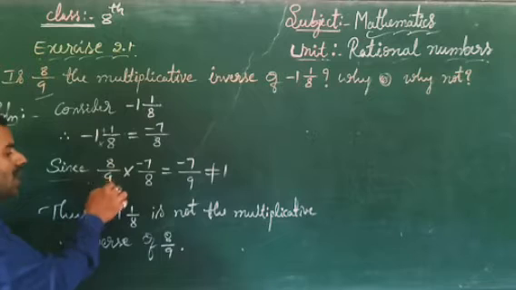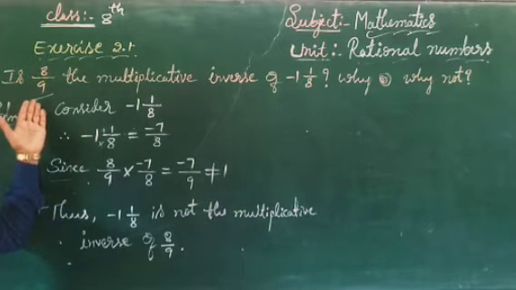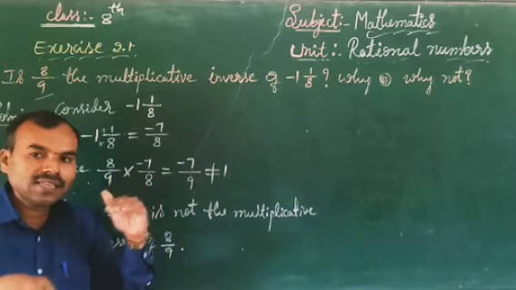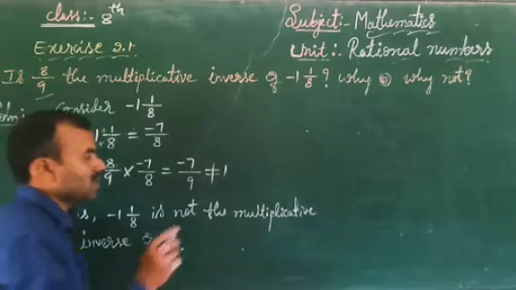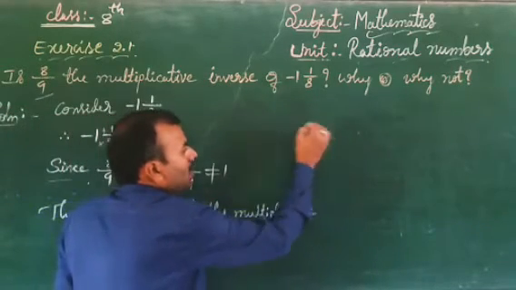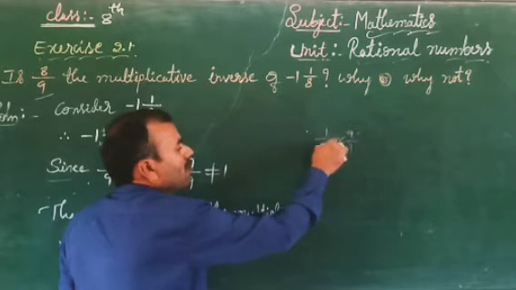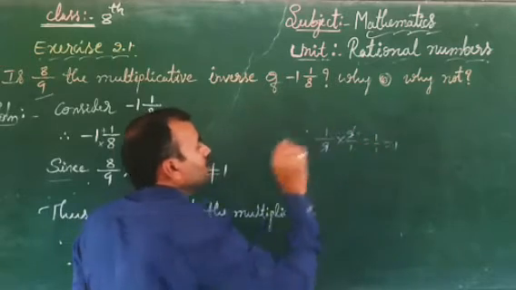And since, consider 8 by 9 into minus 7 by 8. If we take any number and the product of its reciprocal, then we get 1. Suppose, for example, what is the multiplicative inverse of 1 by 9? Just simple, we already know 9 by 1. 9 we cancel, 1 by 1, 1.